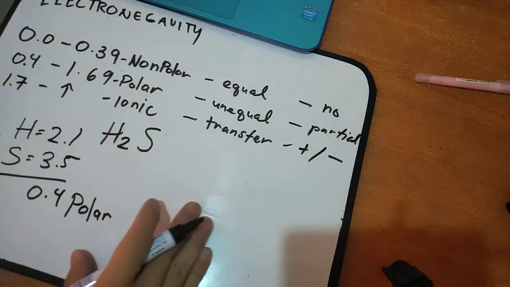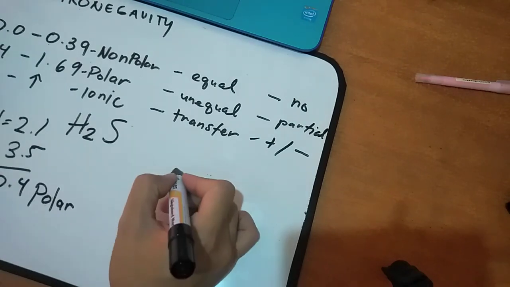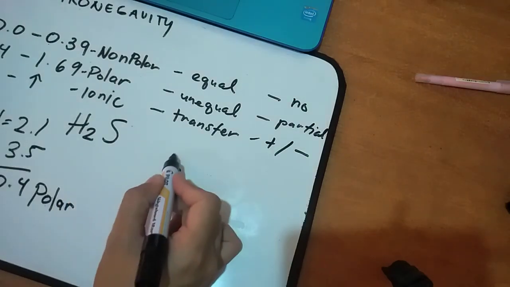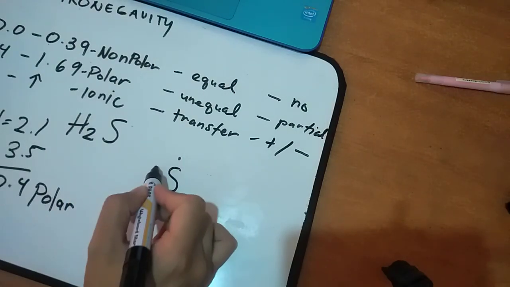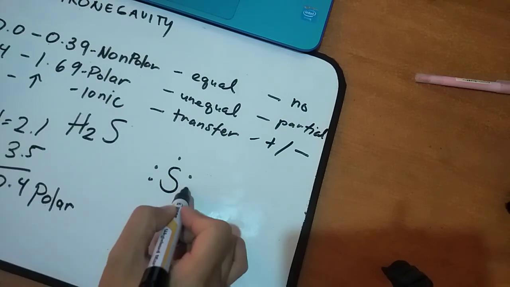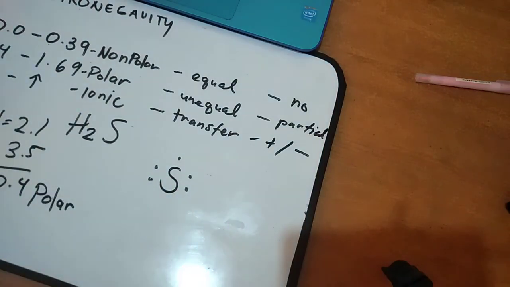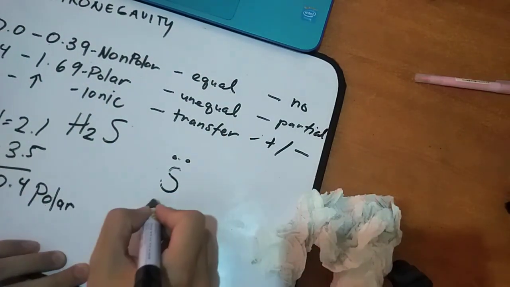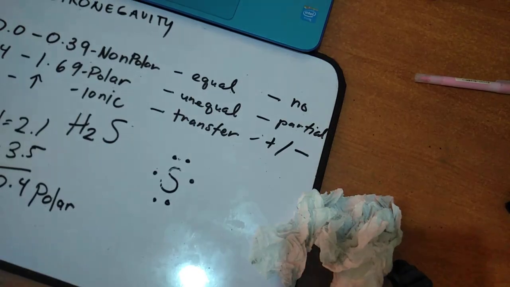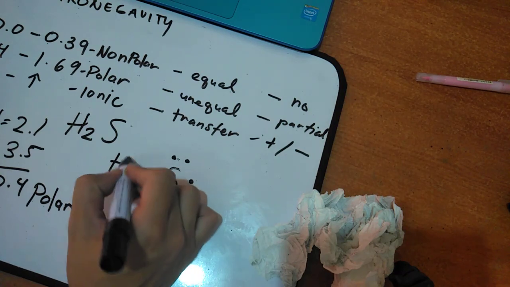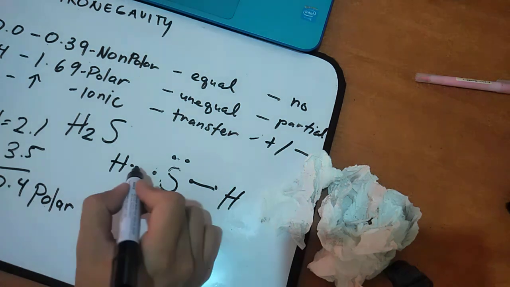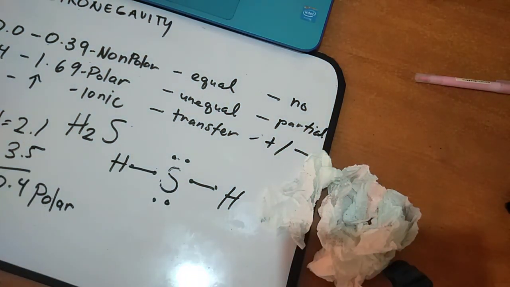So, bakit nagkaganon? If you would see, this would show you the polarity. So, you have sulfur, which has 6 electrons, while hydrogen has 1. Kasi ito yung mga valence sila eh. Yan. So, ganyan yung itsura niya. So, saan papunta yung hydrogen?